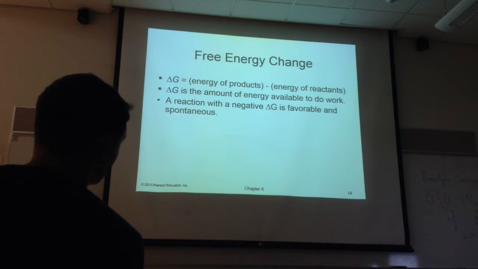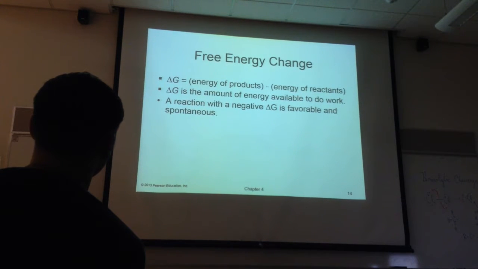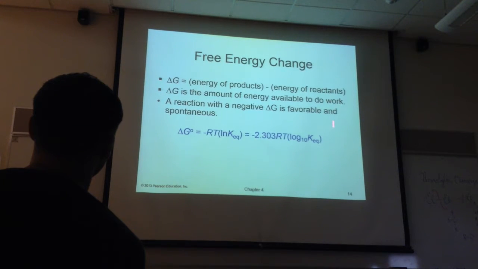All we're doing is qualitative information of these numbers. We don't worry about how it's calculated, because that's all you did in your other course. In this course, if your delta G is negative, we say it's favorable and spontaneous.